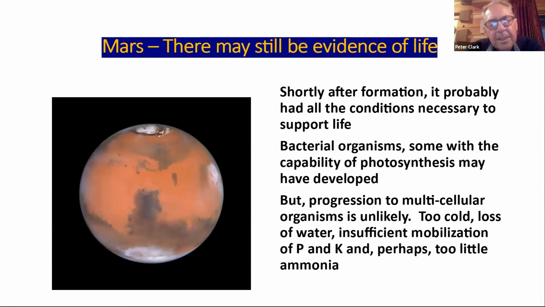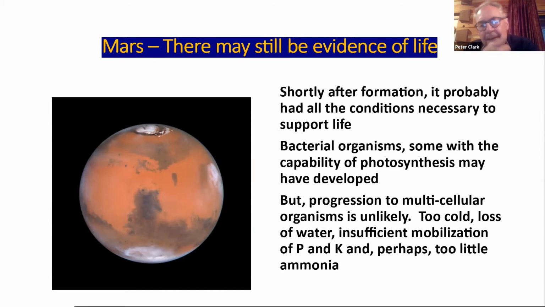If you look at the conditions relative to the material formation on Mars, I think it's very likely that there was sufficient ammonia and other materials that I've talked about to produce simple bacterial systems for perhaps the first 1 billion or even 2 billion years.